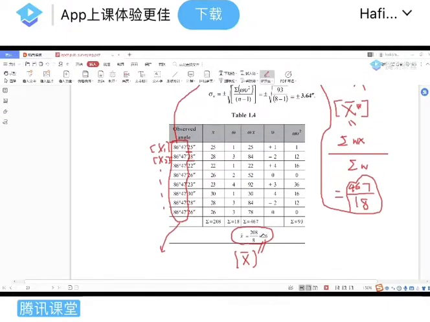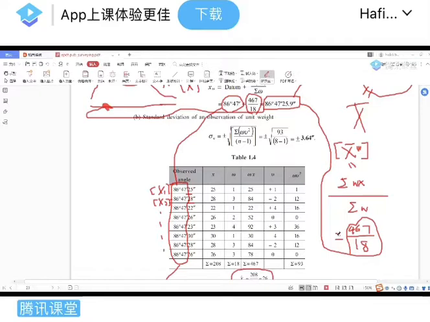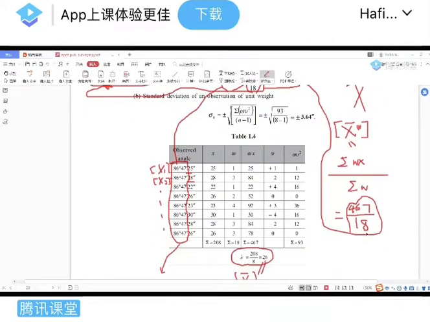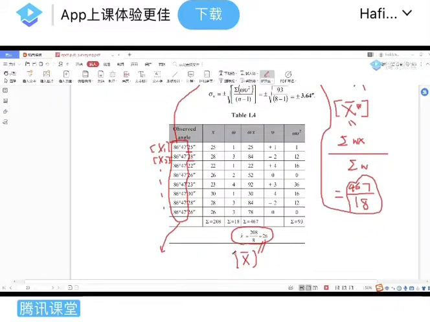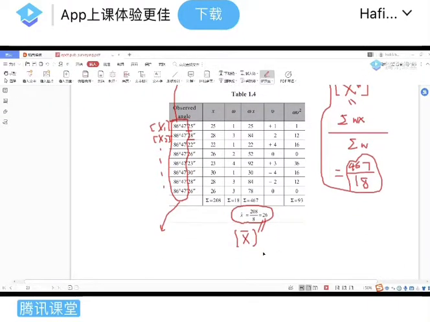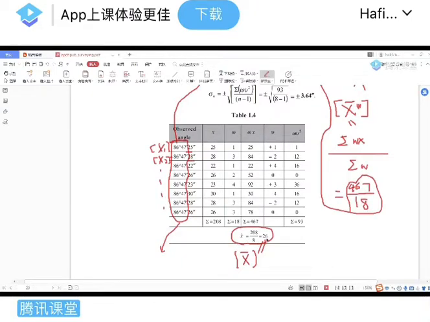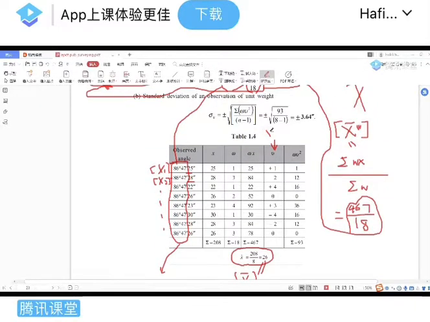So in some sense, when you calculate the weighting mean, you calculate this one. But when you get a standard error, you don't use the weighting mean. You use its mean, a normal mean. In this case it is 26. Then v is the error between xi, the observation, minus x bar.